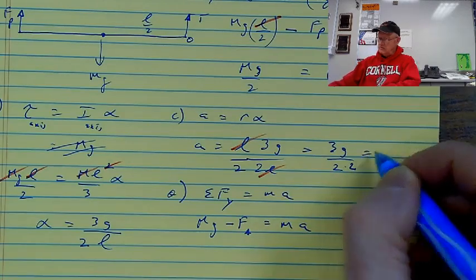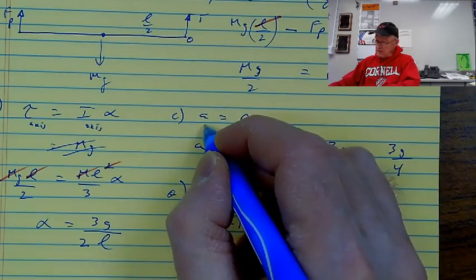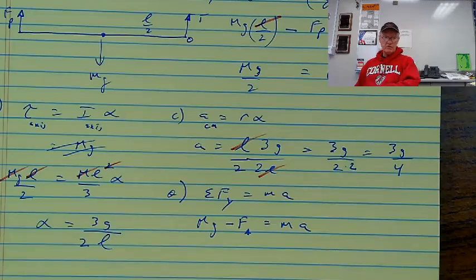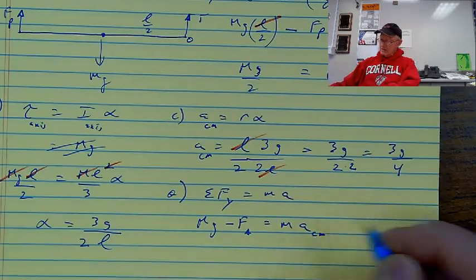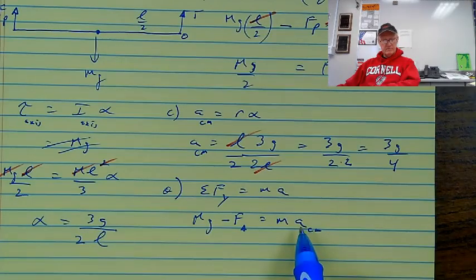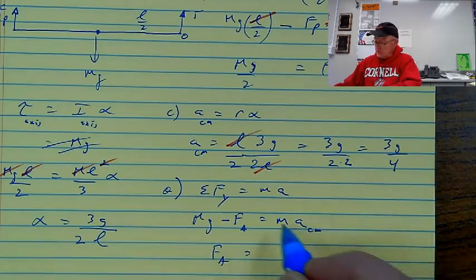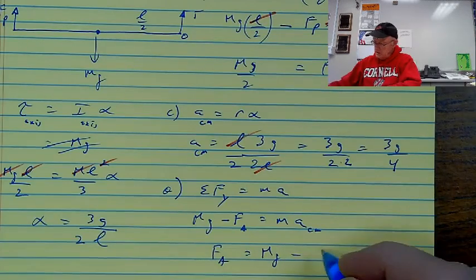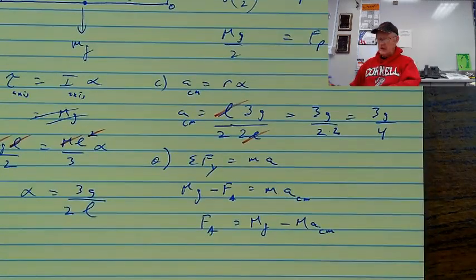Okay. So here I can put 3/4 g right into there. I have mass. What do we need to do? A little algebra here. Solving for F_A, if that were over there, this would become mg minus m a of the center of mass, equals mass times g minus 3/4 g, that's 4/4 minus 3/4, that's mass times gravity over 4.